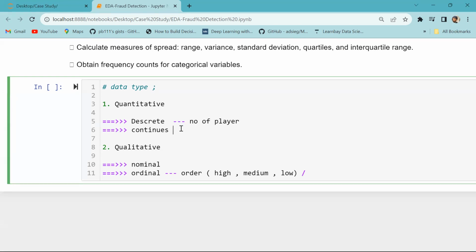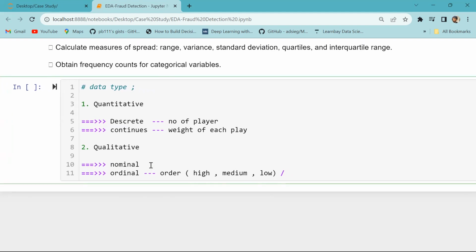Continuous means, I want to find the weight of each player. That is the continuous type of quantitative data. And nominal means names of the players. And for the ordinal type, the example in the same game: every player could have some kind of order, right?